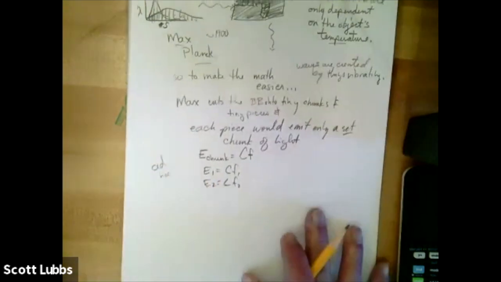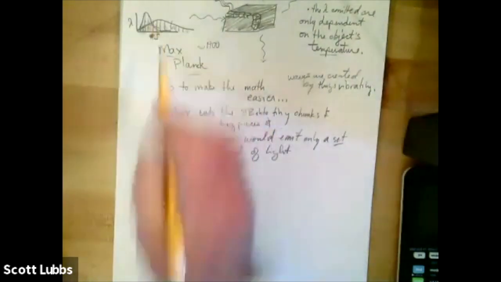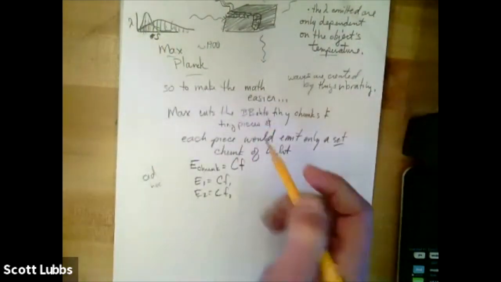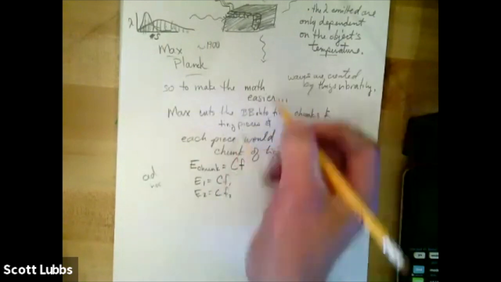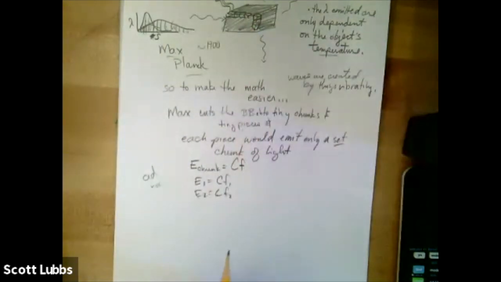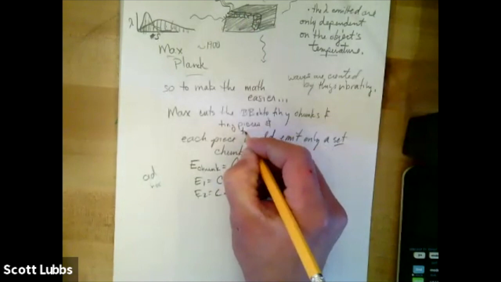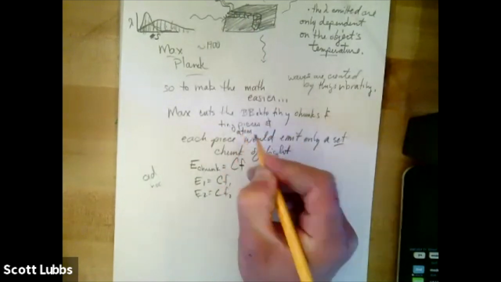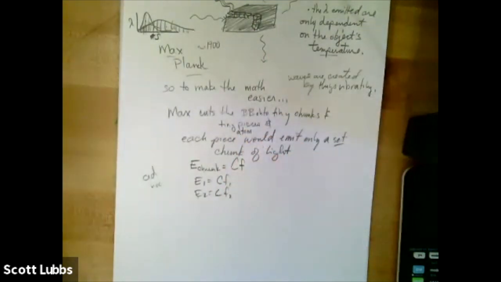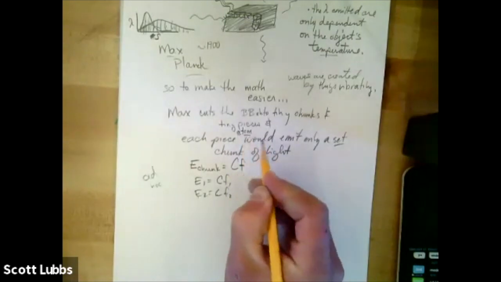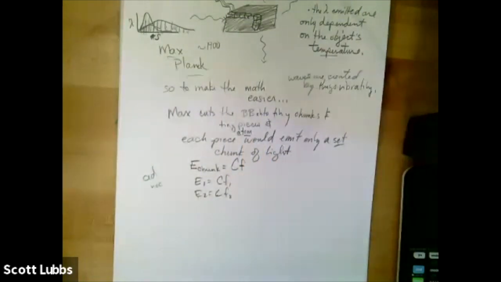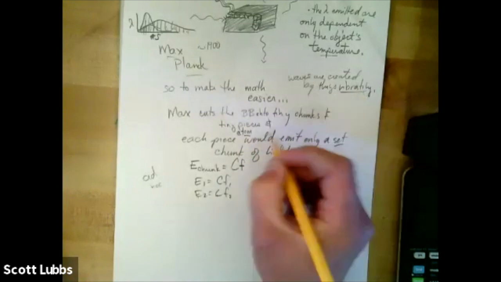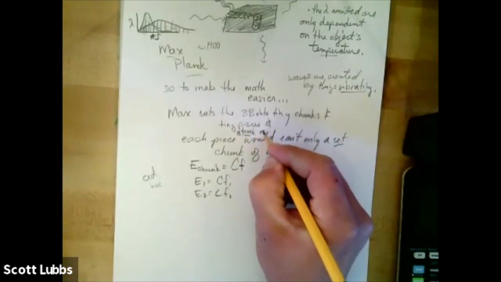All right. Because he knows his Latin, tiny pieces that I can't get any smaller are tomes that cannot be cut. They are atoms. And they're vibrating, so he called them atomic oscillators.